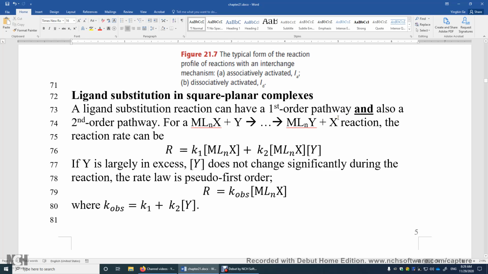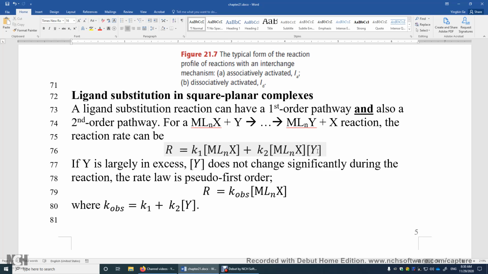However, sometimes when we have a very high concentration of Y, the entering ligand, we can assume the concentration of Y does not change significantly throughout the entire reaction. So this Y is roughly a constant, right? So one example is if you just put, let's say, a transition metal complex with some very weak field ligand in water, and those weak field ligands can be replaced by the aqua ligands, right?